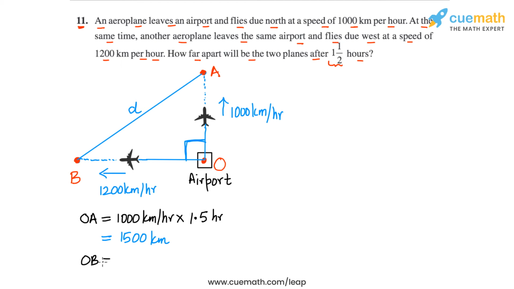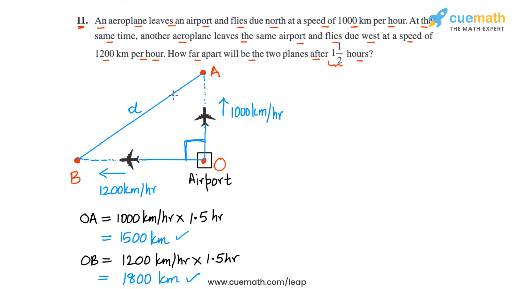OB will be the speed of the second plane, 1200 kilometers per hour, into the time of travel, 1.5 hours again. So OB will be equal to 1200 into 1.5, which is 1800 kilometers. What this means is that the first plane covers the distance OA, which is 1500 kilometers, in the north direction. The second plane covers a distance of 1800 kilometers in the west direction.